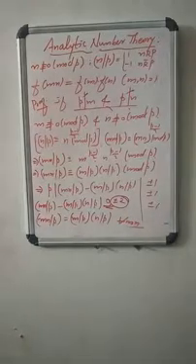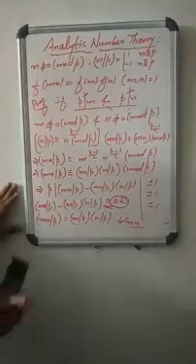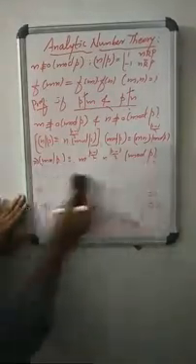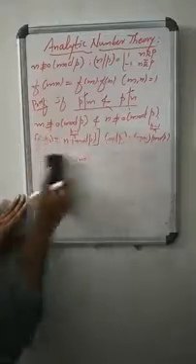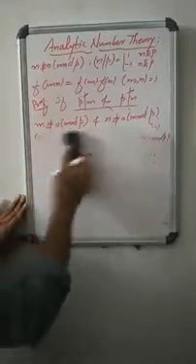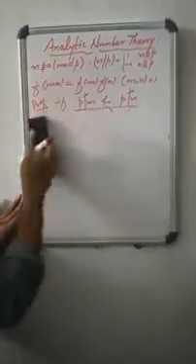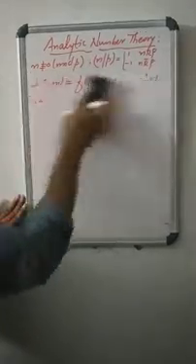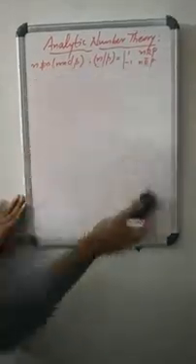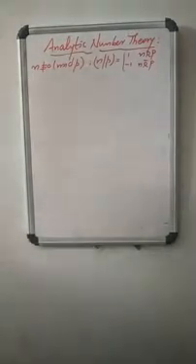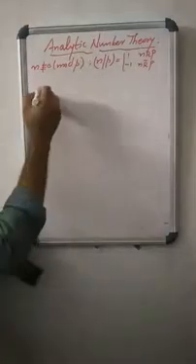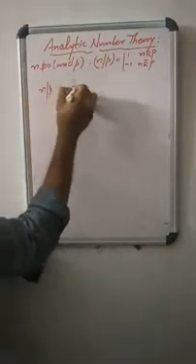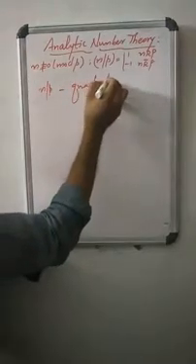Now, when p divides n, what happens? When p divides n, that is n is a multiple of p, (n/p) is 0. So the Legendre symbol vanishes when p divides n. Hence, (n/p) is also called the quadratic character mod p.